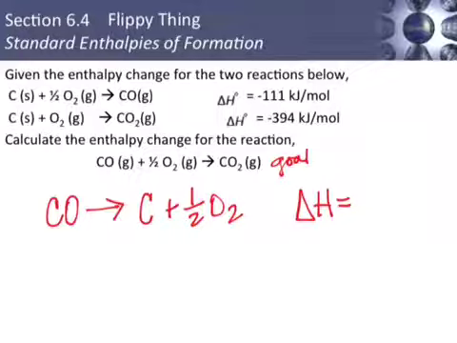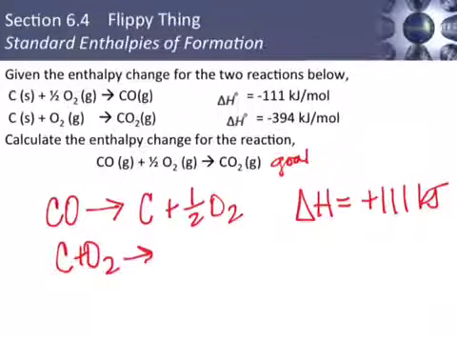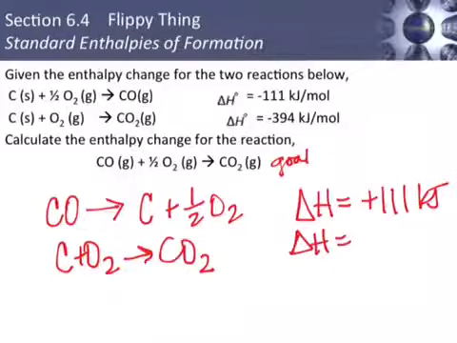So now the delta H becomes positive 111. What do we do with the next equation? We leave it alone. So we have C plus O2 gives me CO2. The delta H this time is going to be left alone, 394.